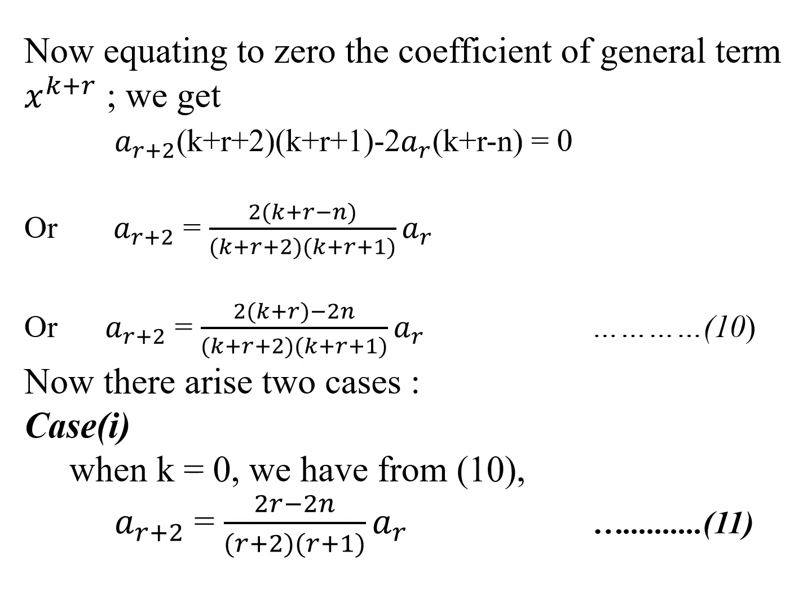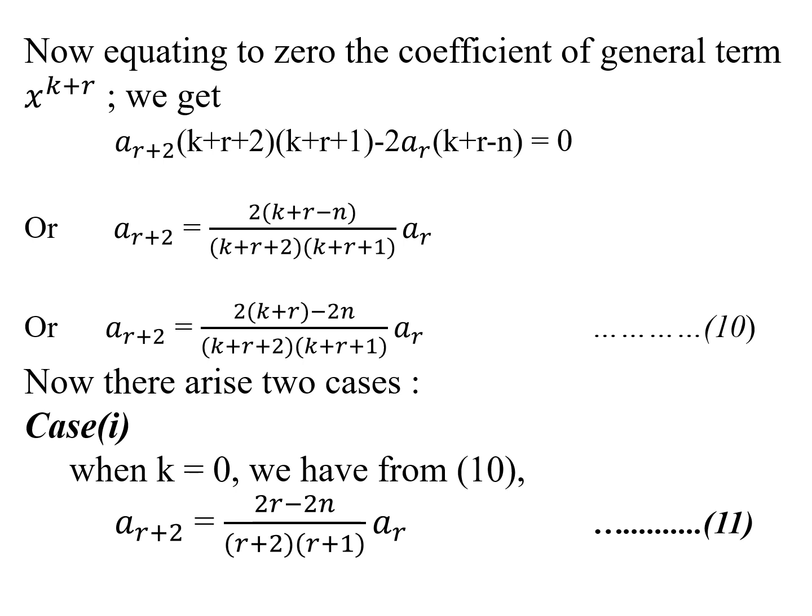the coefficient of the general term x power k plus r to 0. Therefore, this equation becomes a(r+2)(k+r+2)(k+r+1) minus 2a(r)(k+r-1) is equal to 0.